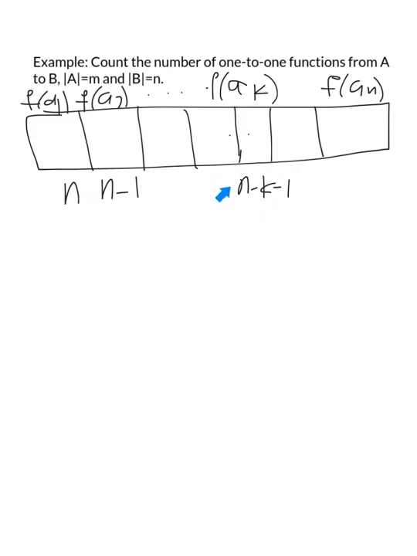And therefore, any function has n minus k plus 1 choices for its ak. And we continue like this, and the last cell has n minus m plus 1 possibilities.